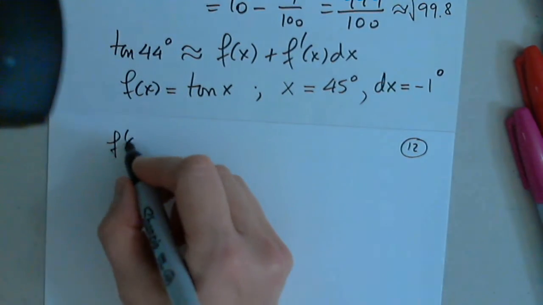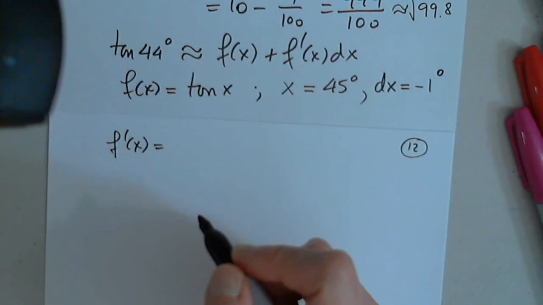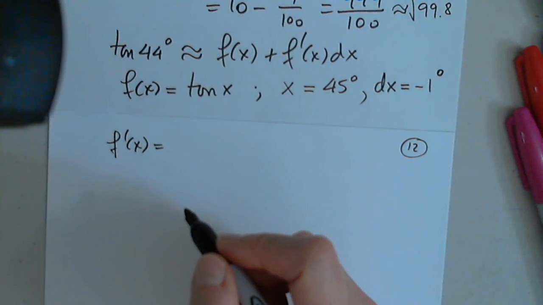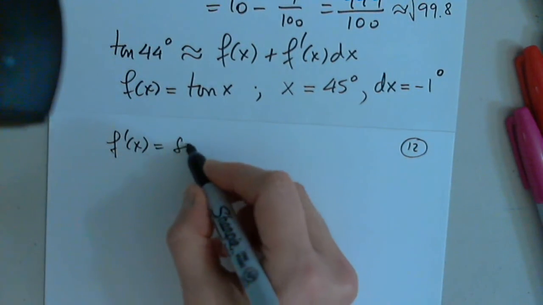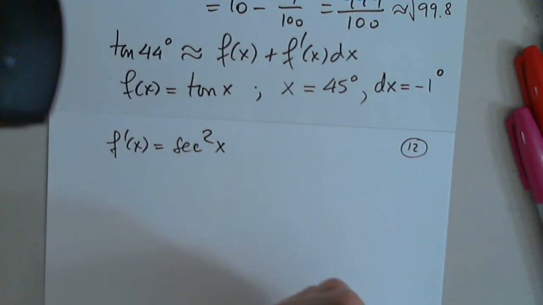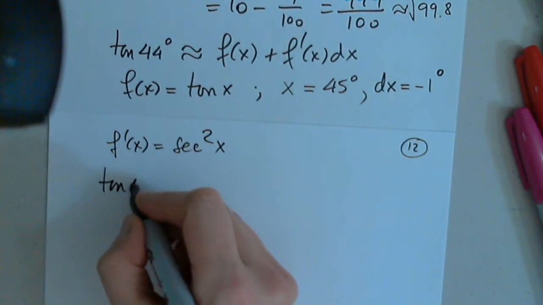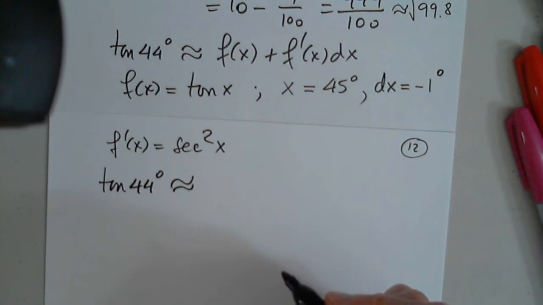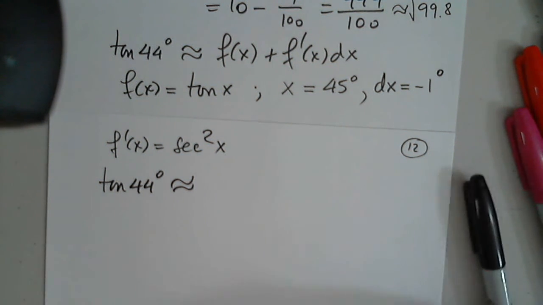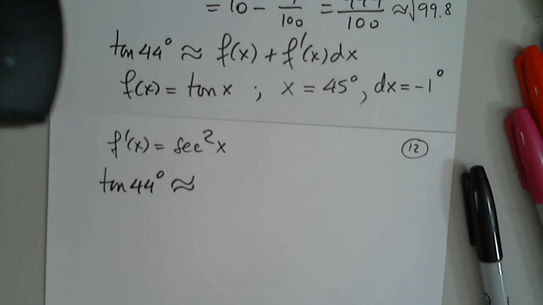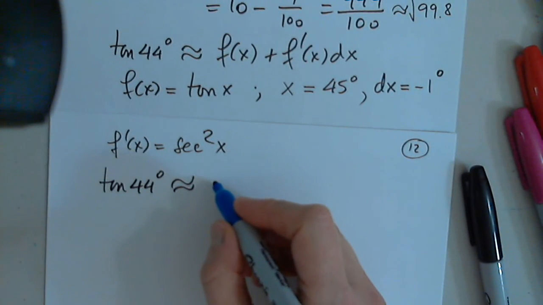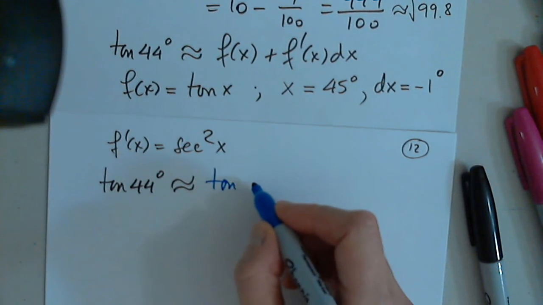Good, so I need f prime. Secant squared. Good. And then I'm ready. Let's start. What do I have to write? Tan of x. Which is?